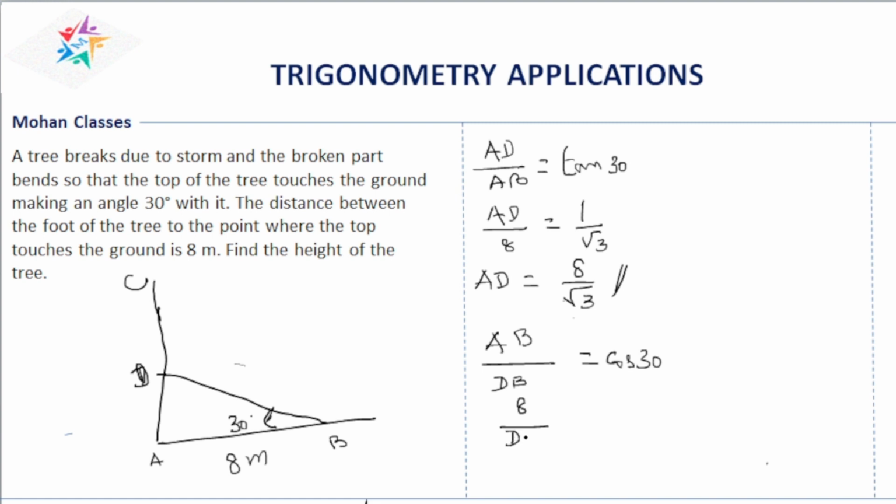DB we don't know. So that is equal to cos 30, which is root 3 by 2. Therefore DB is equal to 16 by root 3, correct? Now, what is the height of the tree? AD plus DB, right?